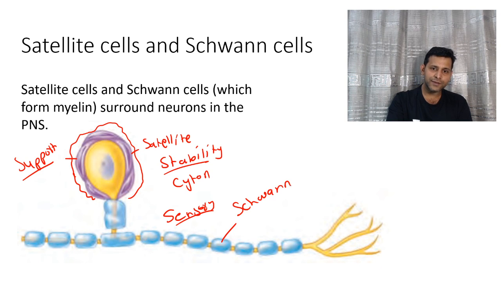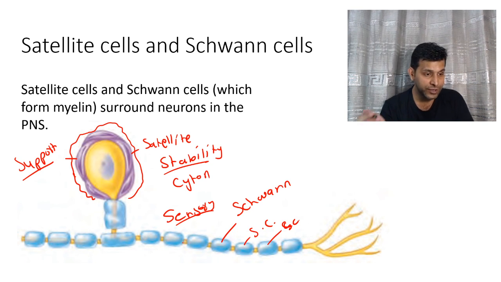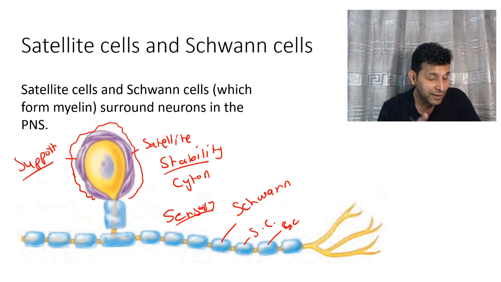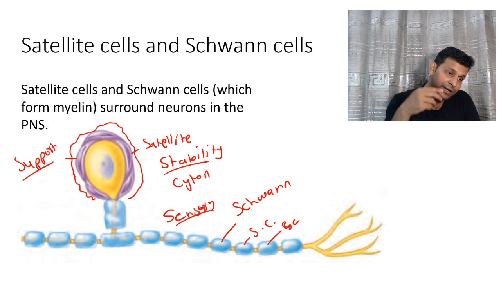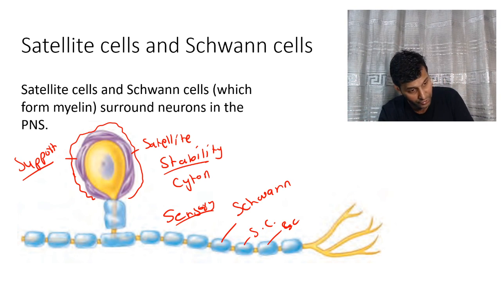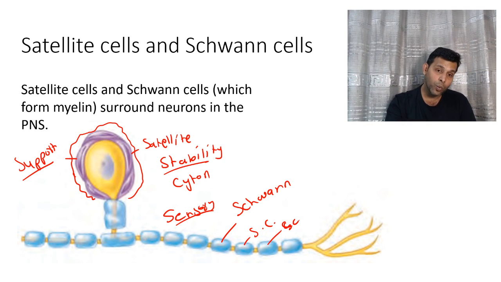Each Schwann cell produces each myelin sheath, which is not the case in the CNS. In the CNS, one oligodendrocyte myelinates almost 10 to 30 neurons, whereas in the PNS, one Schwann cell produces one myelin sheath. If there are this many myelin sheaths, there are this many Schwann cells.